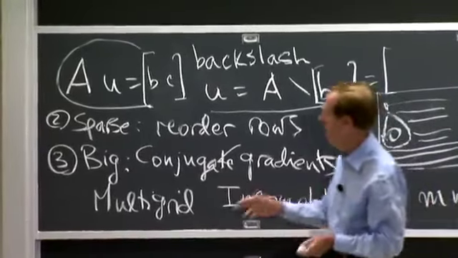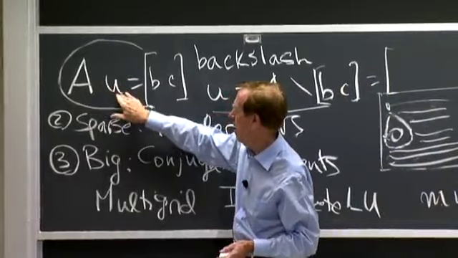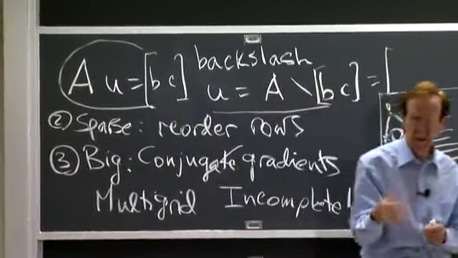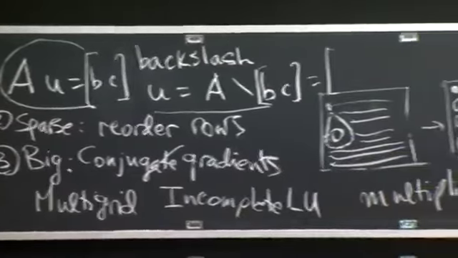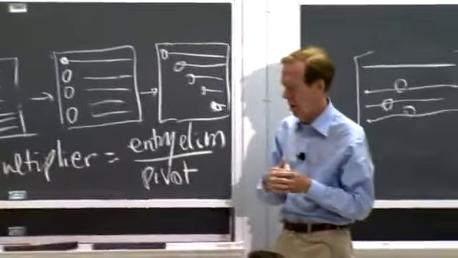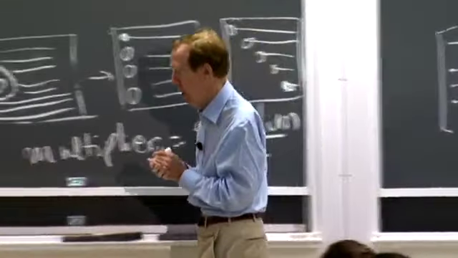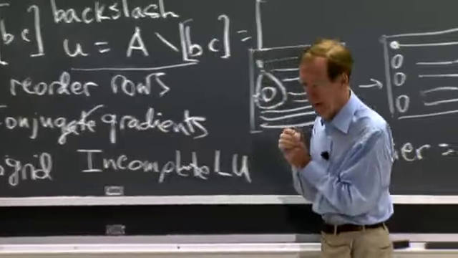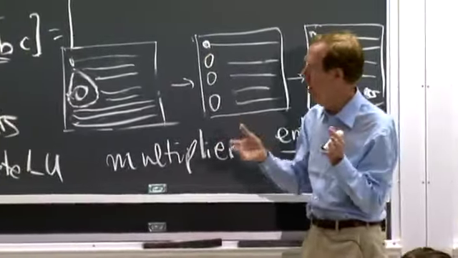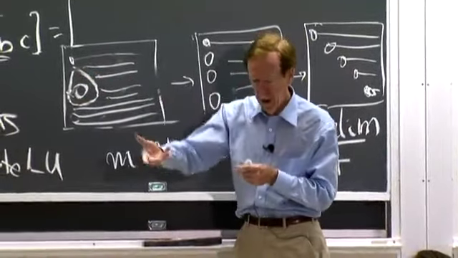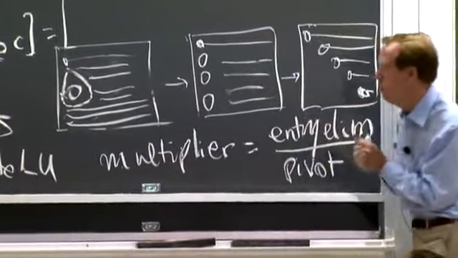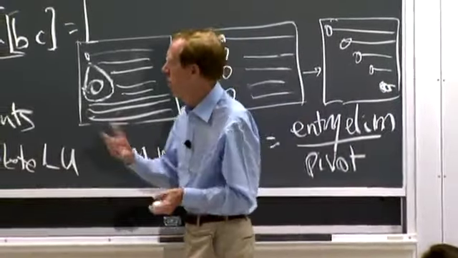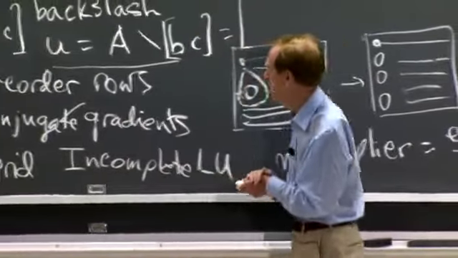So do you see what I have now? I have a square matrix A times an unknown U, and I've got two right-hand sides. The point is this often happens. If you're doing, say, a design problem, you might try different designs. So those different designs give you different right-hand sides. And then you have a problem to solve. What's the response to those designs? What are the displacements? What happens? So you want to solve with two right-hand sides.